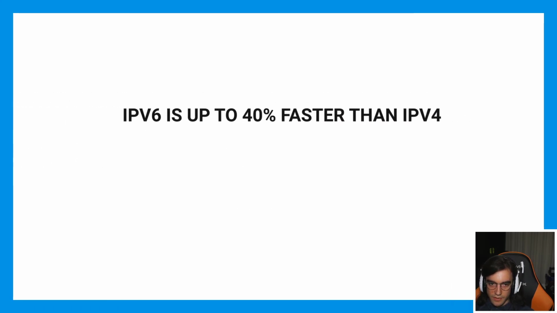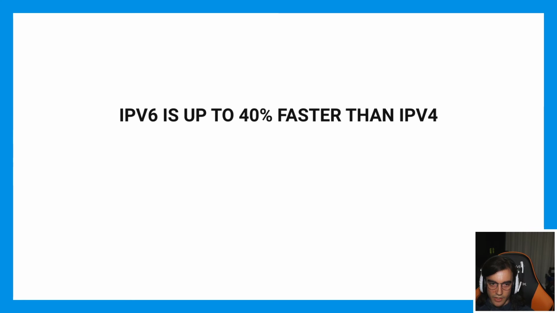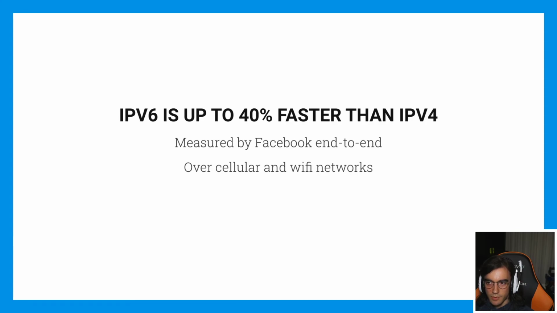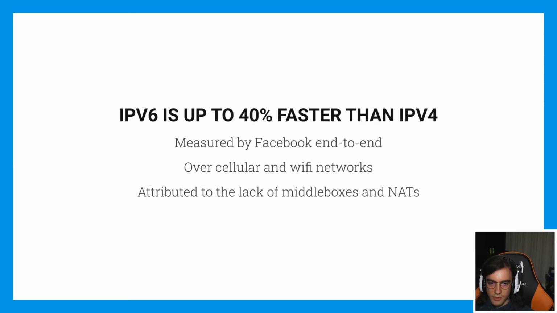Now, there are also studies done by Facebook actually measuring if IPv6 is faster than IPv4, and it turns out that according to a study they made in 2015 using the Facebook mobile application, people were loading their app 20 to 40% faster on IPv6 than on IPv4 on their mobile phones. Basically, they attributed this to the lack of middle boxes, NATs and carrier-grade NATs in the path between the user and Facebook.